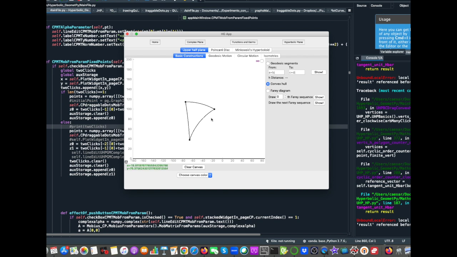In hyperbolic geometry, it's always less than or equal to 180 degrees, and it's equal exactly when the 3 points are points at infinity. Did I say something wrong or not?